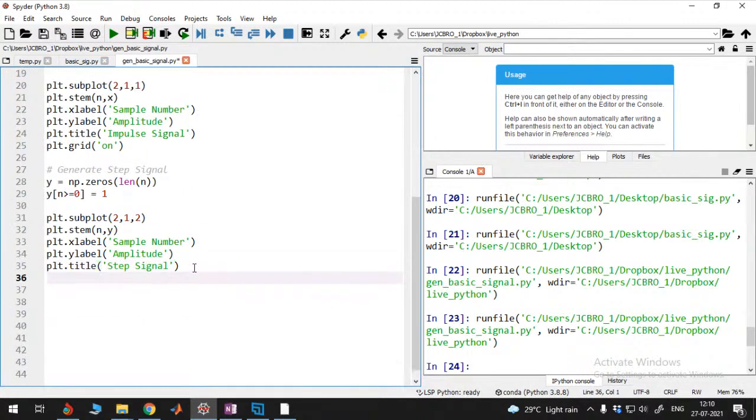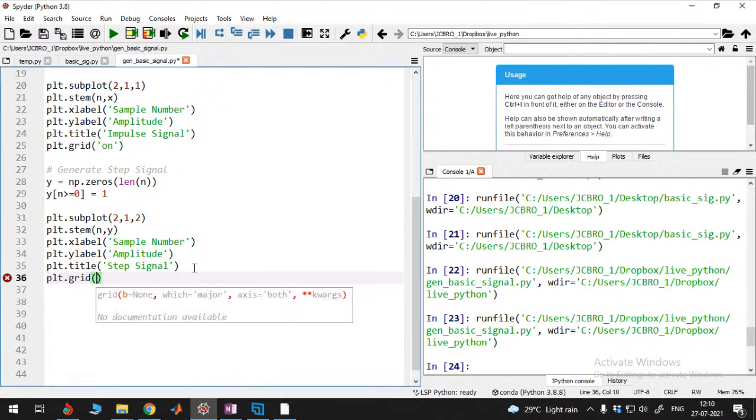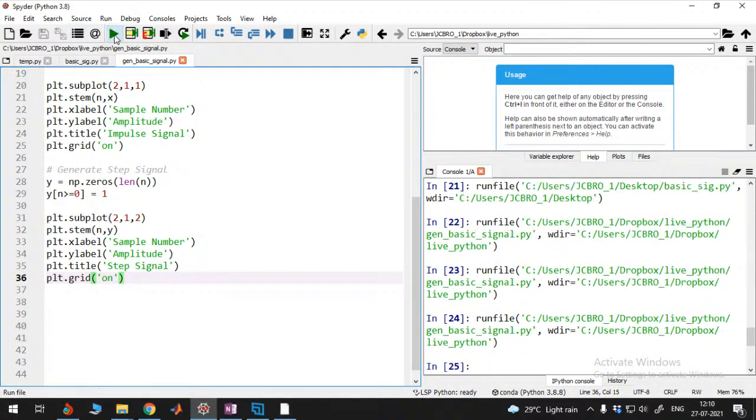And then we'll make the grid on as well, plt dot grid on. Save it and let's run it.